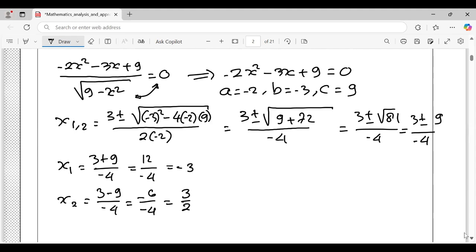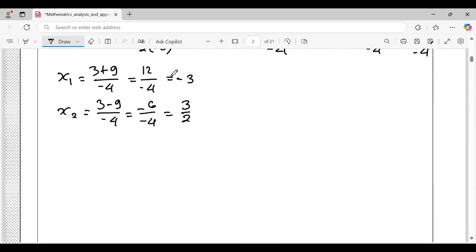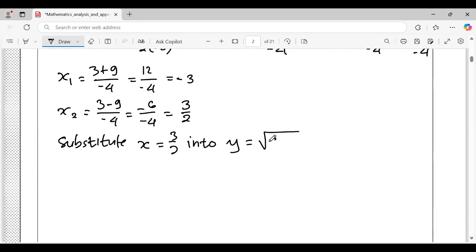Okay, now we're going to find y. You can use 3, you can use minus 3 or 3 half, but I will take 3 half. Substitute x equal 3 half into y equals square root 9 minus x squared.